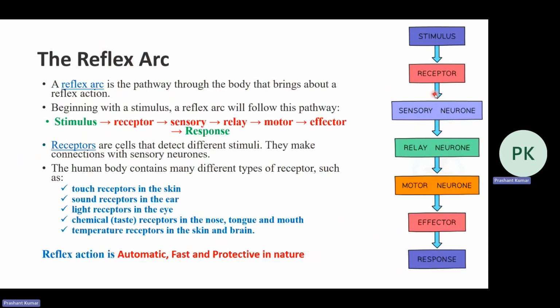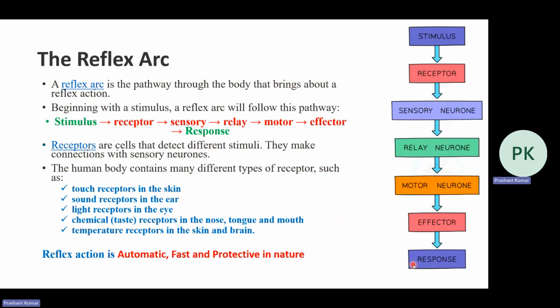In this case, we may have different types of receptors, right? Such as touch receptors in skin, sound receptors in ears, light receptors in eyes, chemical and taste receptors in nose, tongue, and mouth, and temperature receptors in skin and brain. So these are the receptors. The effector, which is going to respond, is always a muscle or a gland, right?